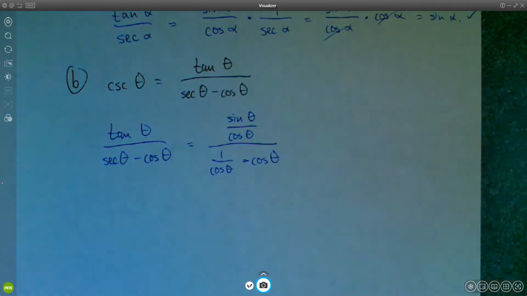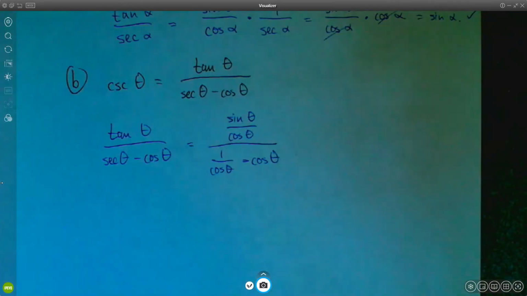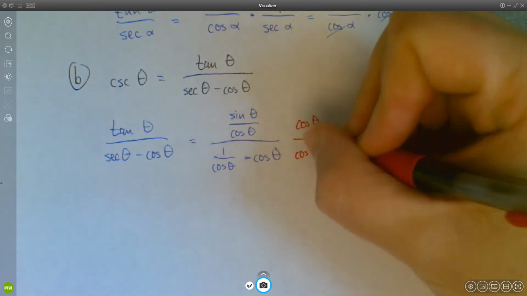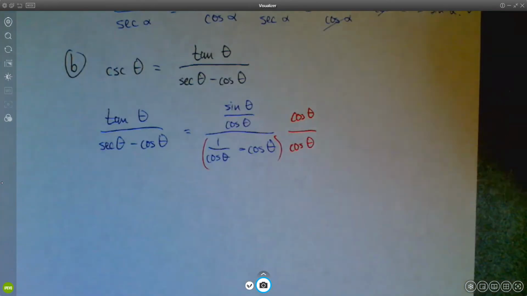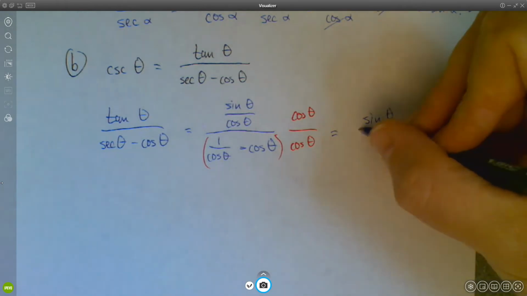Okay, so the next thing I would think to do would be to clear all of these complex fractions by multiplying by cosine theta in the numerator and denominator. And I'm not sure if that'll get us anything beneficial. Maybe it will. Let's see. So we're going to have sine theta in the numerator.